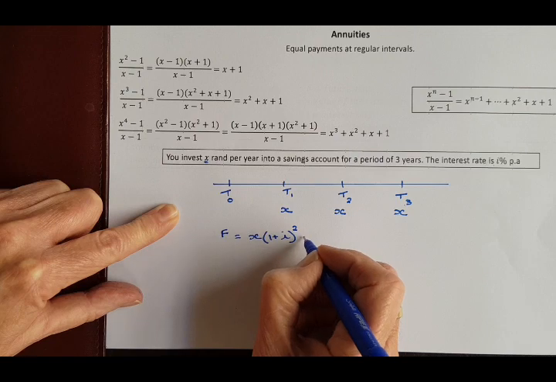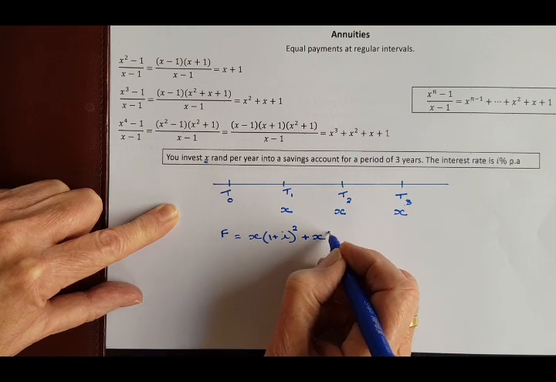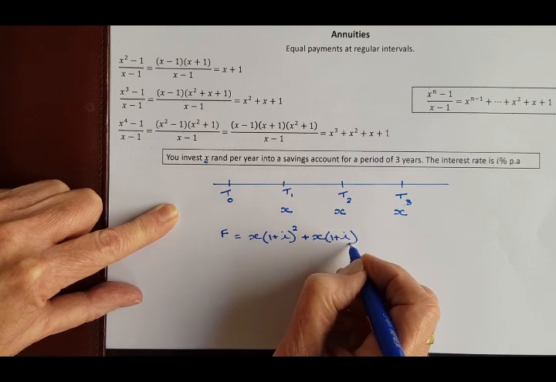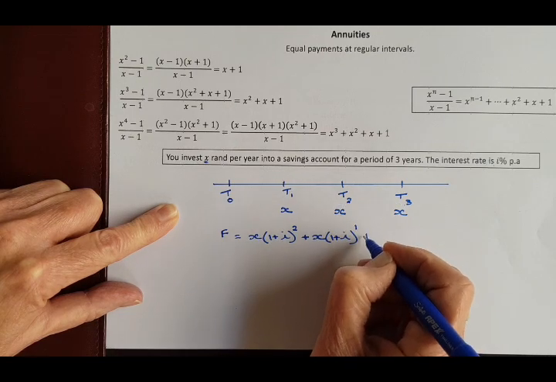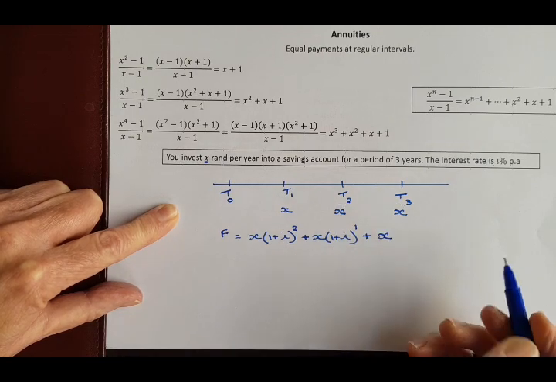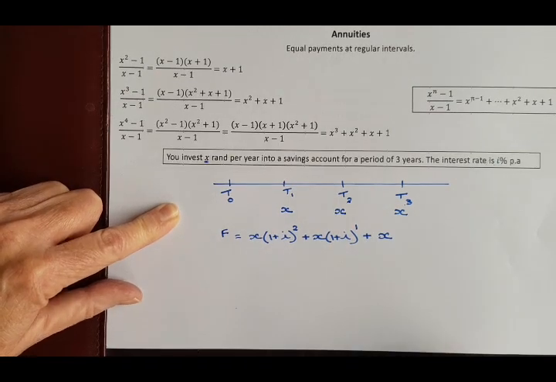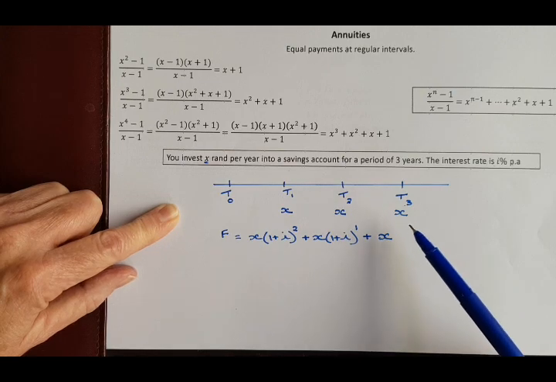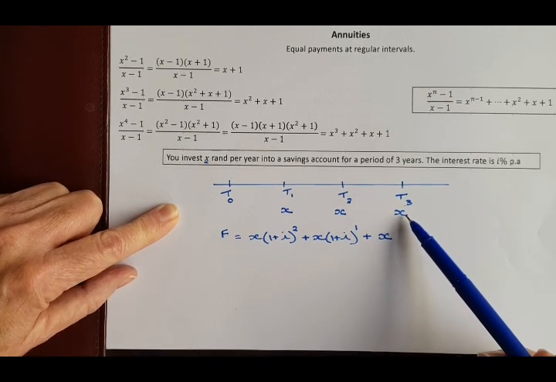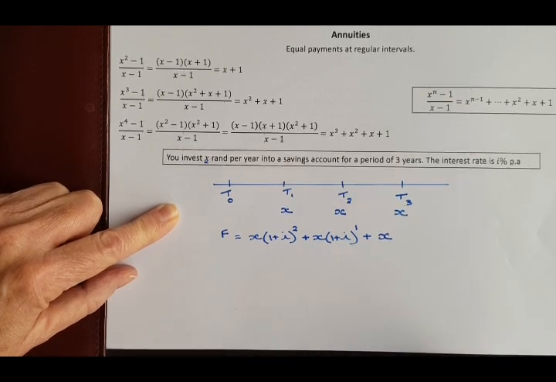Your second investment earns interest for a period of 1 year, and your last investment doesn't have a chance to earn any interest at all, because the formula we're going to develop tells us how much money we have as we make that last deposit.